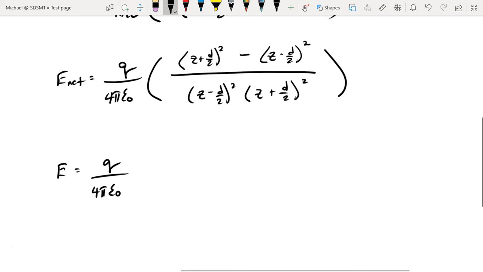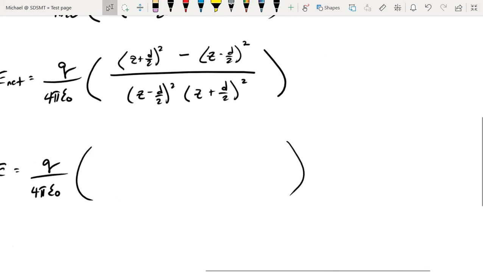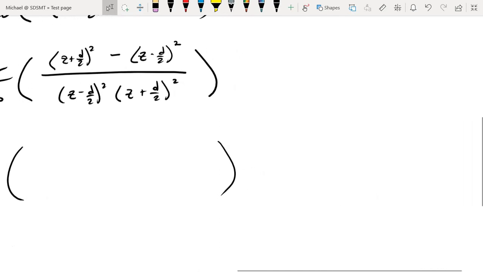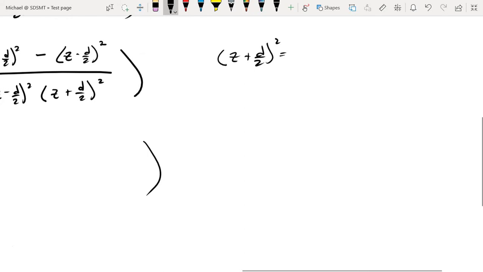that's more user-friendly. And where I'm going to start is up in the numerator, because we have two binomials that need to be subtracted from each other. And so let's take those binomials and let's see what we get if we expand them.